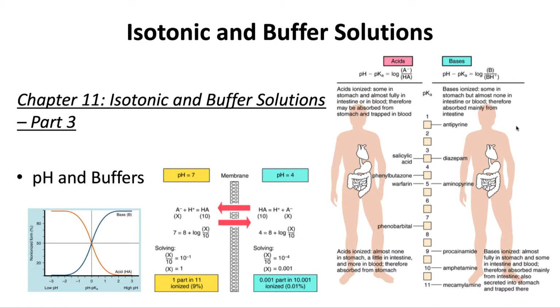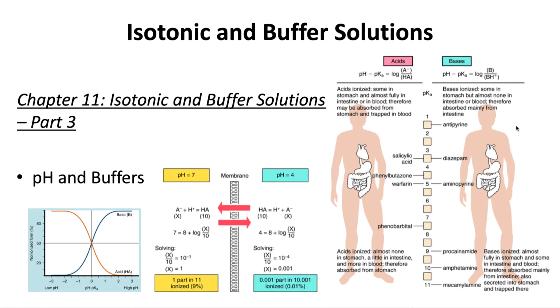It's not until the pH is raised above its pKa for a base that the molecules are essentially forced back together and become unionized, and therefore absorbable. So a weak base is going to be absorbed better at pHs above its pKa, whereas acids are going to be absorbed better at pHs below its pKa.